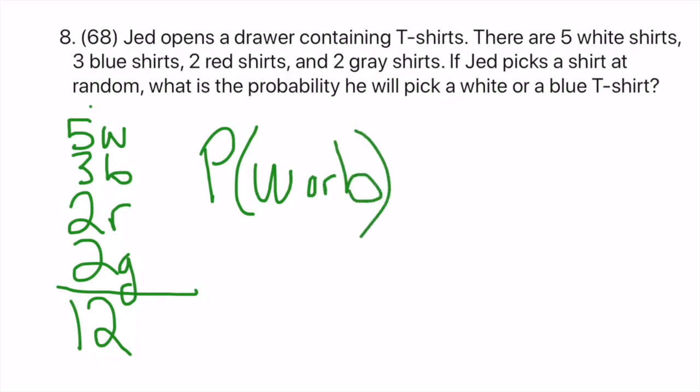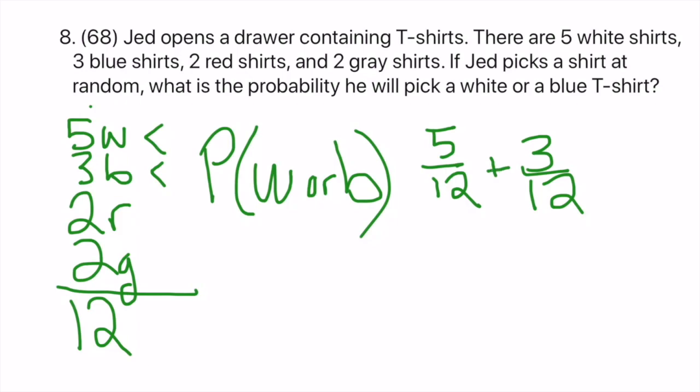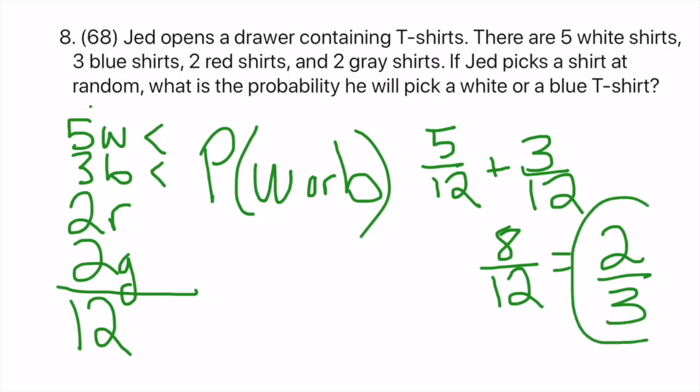So we know that there are 5 out of 12 shirts that are white. So 5 out of 12, so that's right here. And then there are 3 out of 12 blue shirts. And we add those together. So that becomes 8 out of 12, which reduces down to 2/3. So that's your probability.